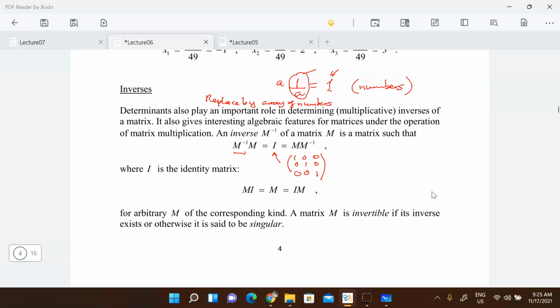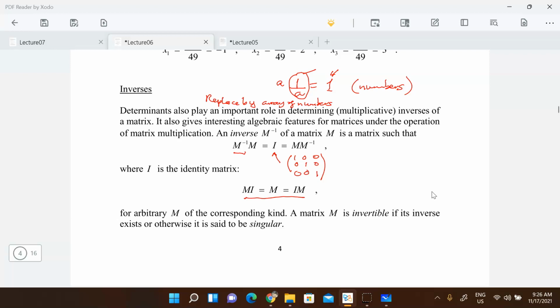An identity matrix, of course, it's quite easy to see that if you multiply it on the left or right, it will just give you back the same matrix. So in order for M to have an inverse, one of the things that we shall see later on is you need your determinant of M to be non-zero.